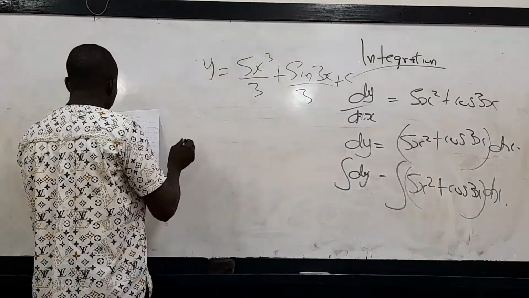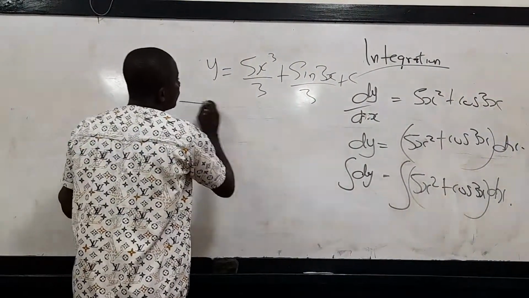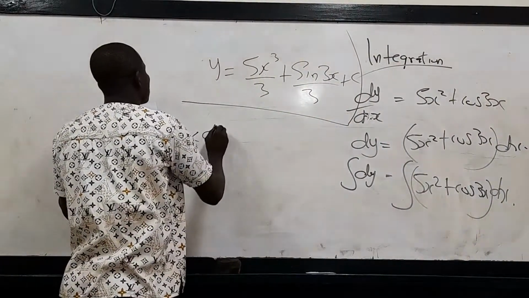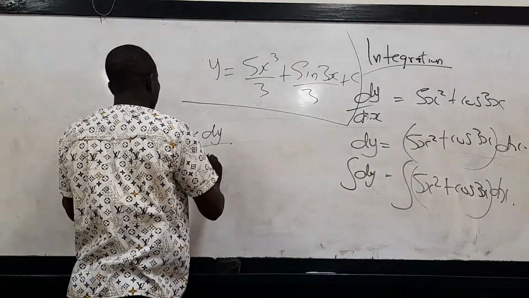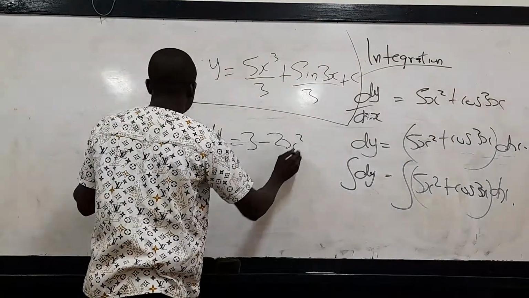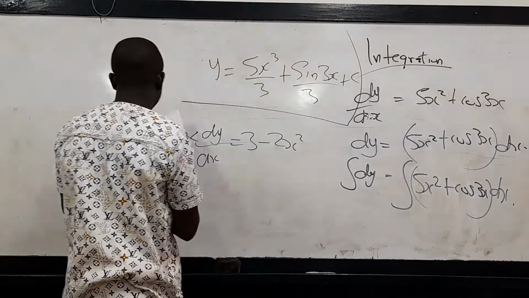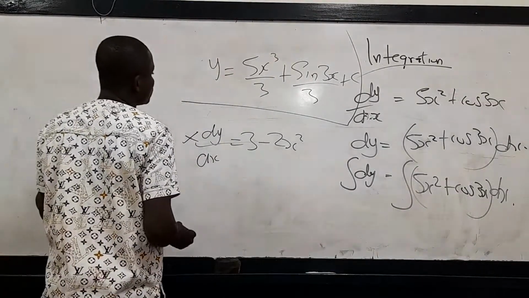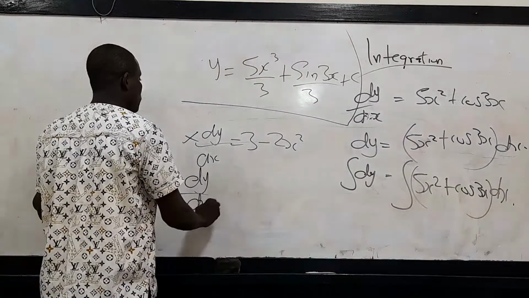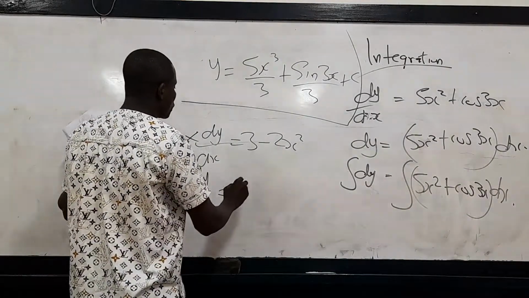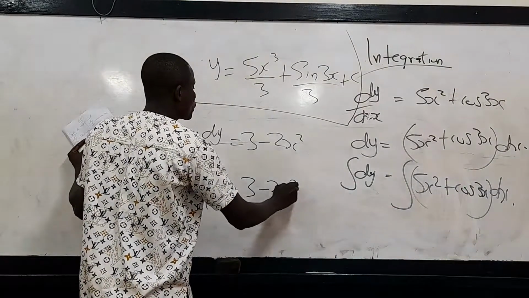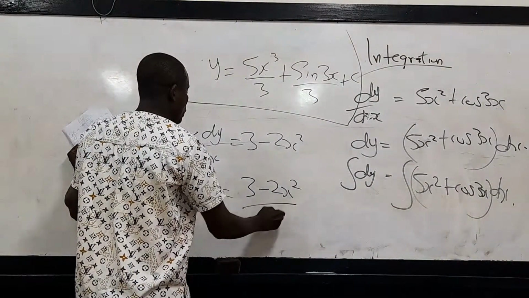We have to solve this: x dy/dx is equal to 3 minus 2x squared. Once again, what do you have? You have dy/dx is equal to 3 minus 2x squared over x.